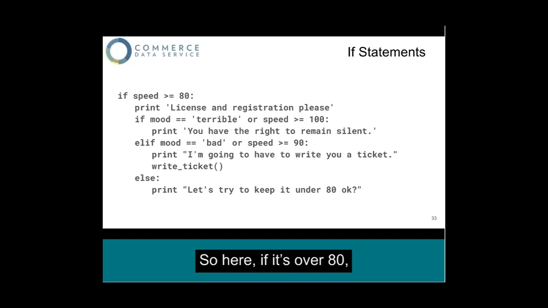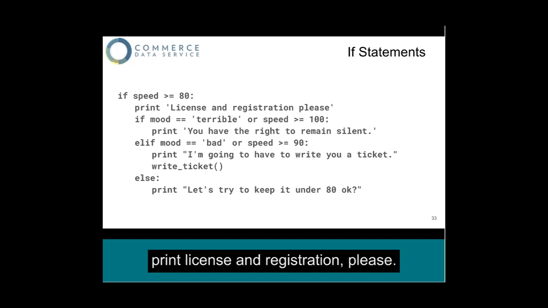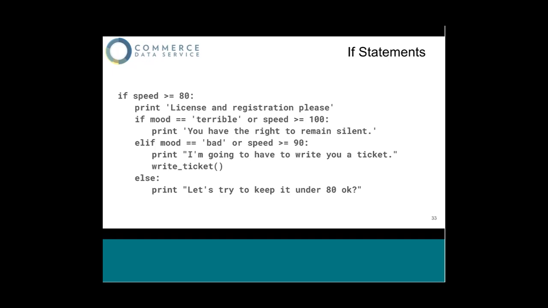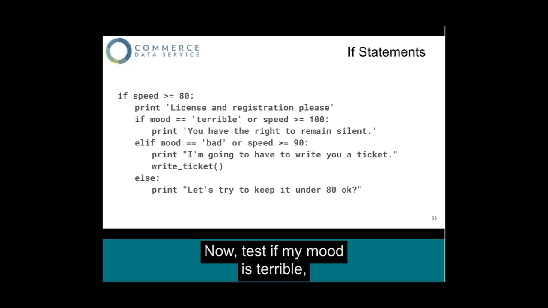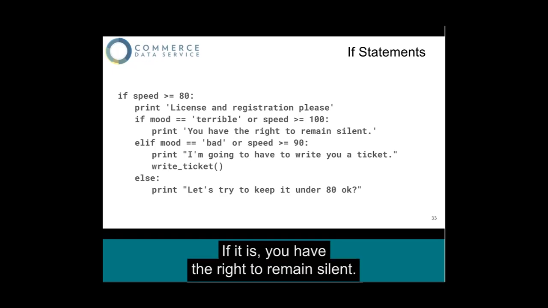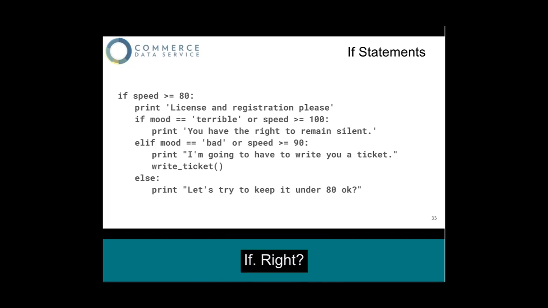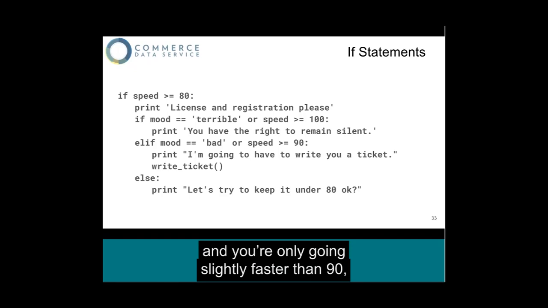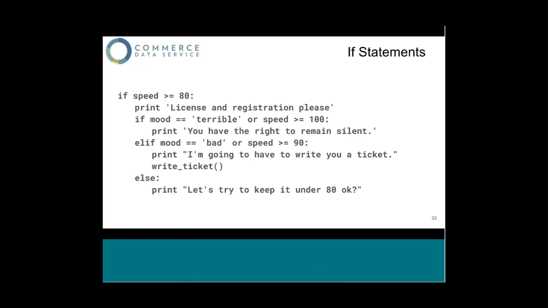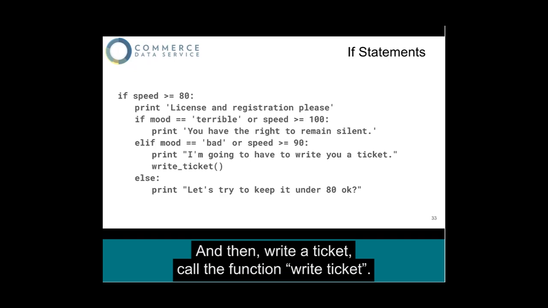So if it's over 80, print license and registration, please. Now, test if my mood is terrible and the speed is really fast, over 100. If it is, print you have the right to remain silent. If my mood is only bad and you're going only slightly faster, at 90, I'm going to have to write you a ticket, which calls the function write ticket.